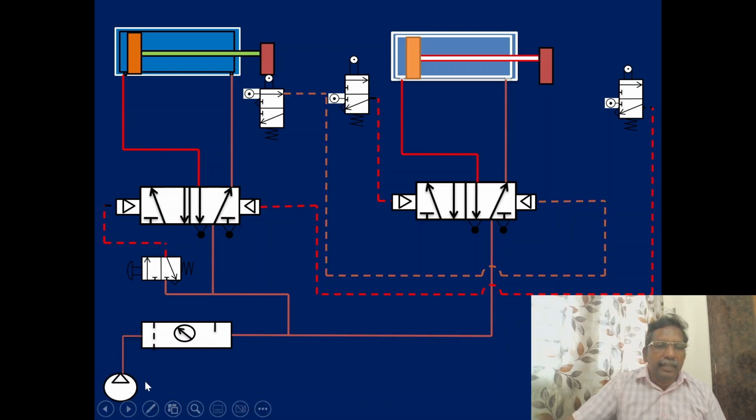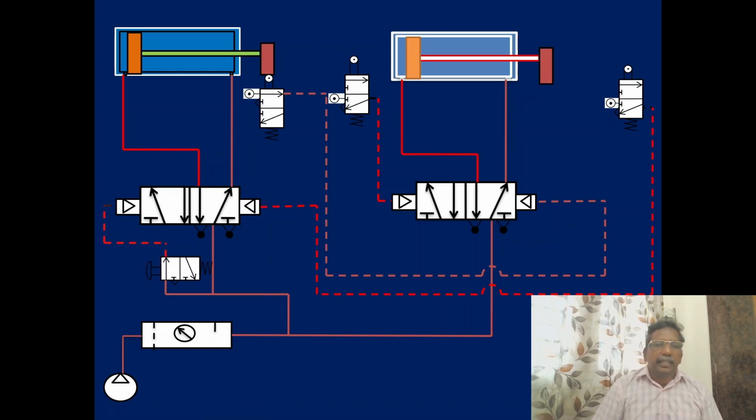We have a compressor, an FRL unit, a push button switch, then two DCVs for cylinder 1 and cylinder 2, and each cylinder has two limit switches. Here one limit switch acts as a push button switch.